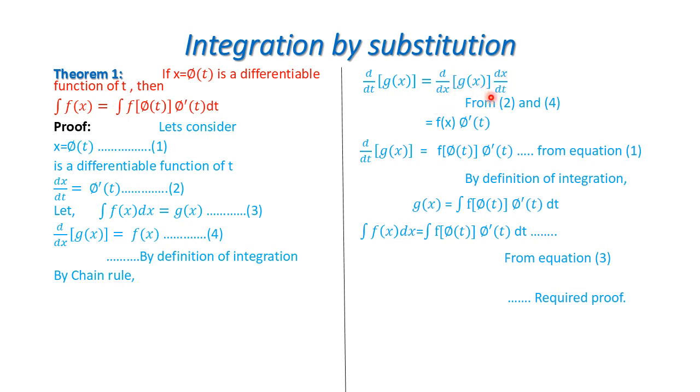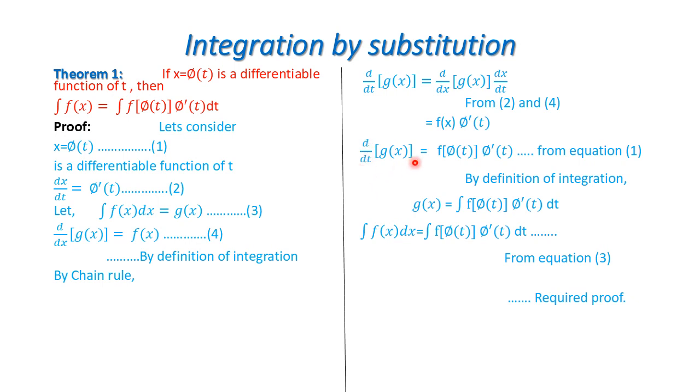Now these two terms we have already got from equations 2 and 4. You can see here dx by dt is equal to phi dash of t and the derivative of g of x with respect to x is equal to f(x). Hence, by taking the reference of equations 2 and 4, this term becomes f(x) and this term becomes phi dash of t.